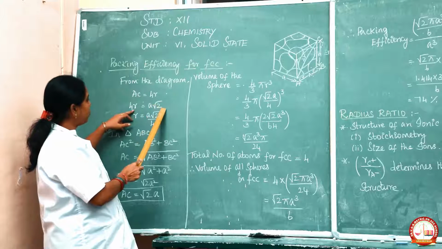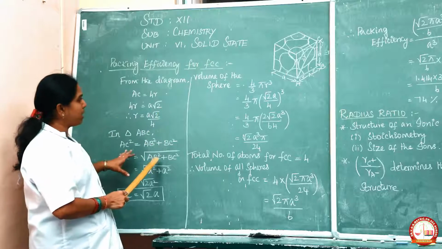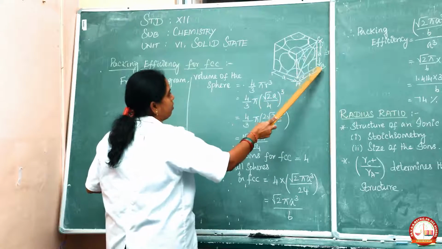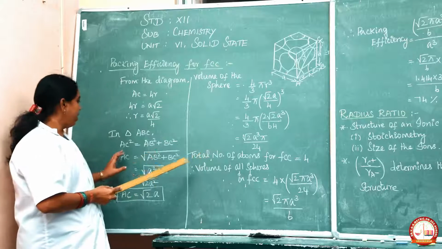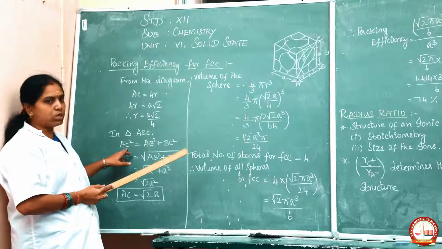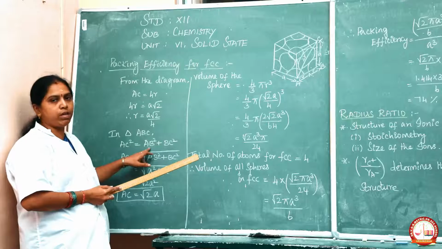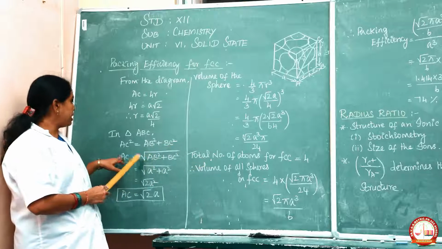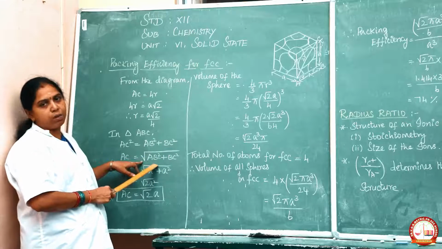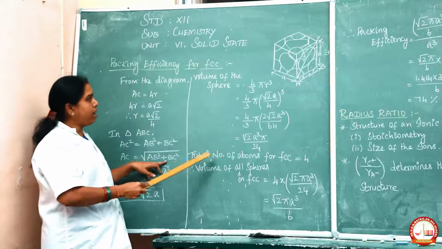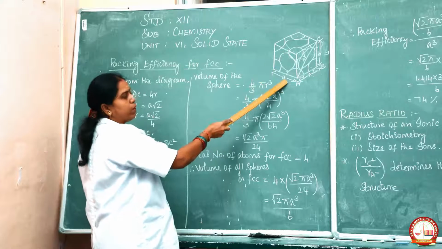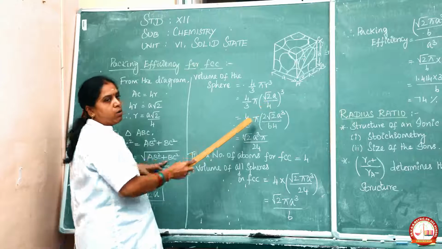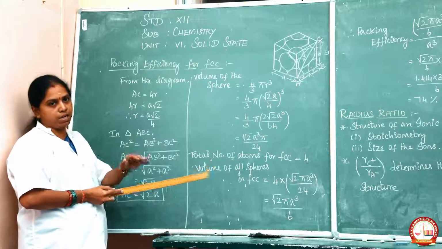This 4r can be expressed as a root 2, which we calculate by considering the triangle ABC. According to the Pythagoras theorem, the hypotenuse square is equal to the sum of the adjacent side square and the opposite side square. So AC is given as the square root of AB square plus BC square. We know this is a cubic system whose edge length is a, and all the 3 edge lengths are equal.